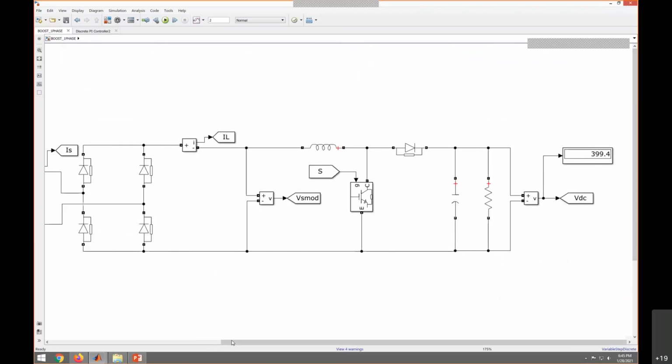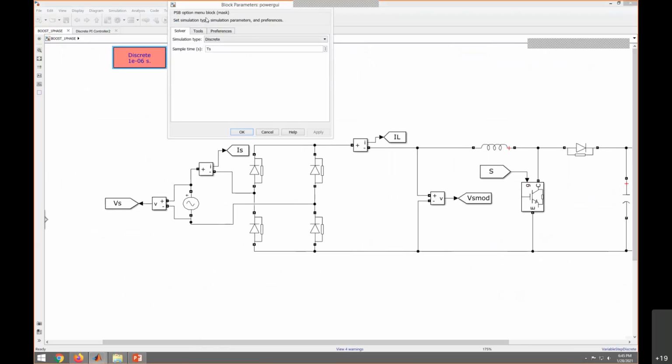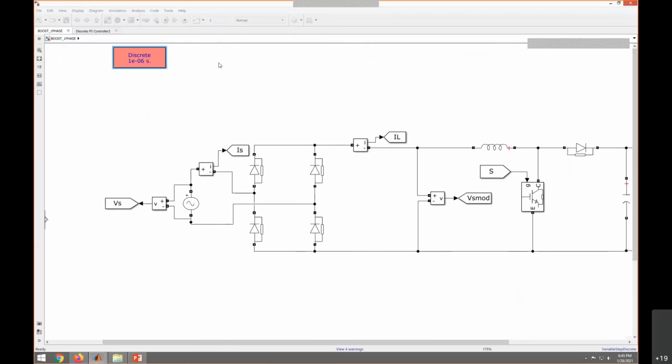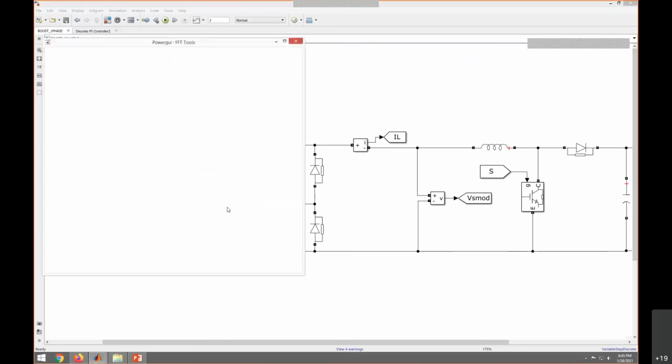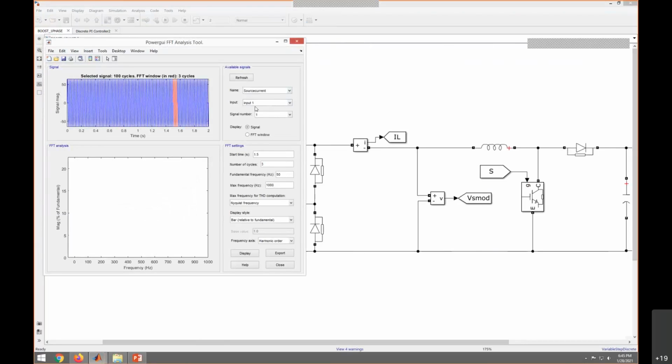If you are aware of how to see the harmonic spectrum for the source current, here we have the source current.